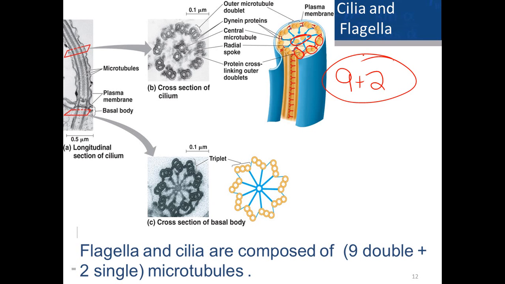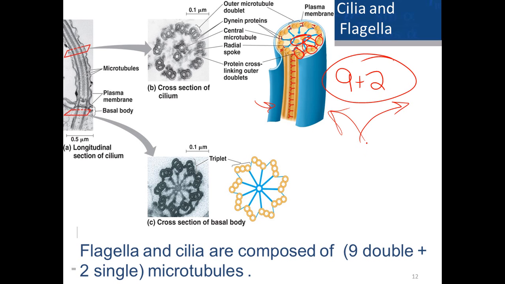Both cilia and flagella are made the same way. And here, this represents the plasma membrane. So it's actually coated, if you will, in plasma membrane. There are these little protein arms called dynein proteins, and they are responsible for actually kind of moving up and down the microtubules, causing them to bend in one direction or another direction.